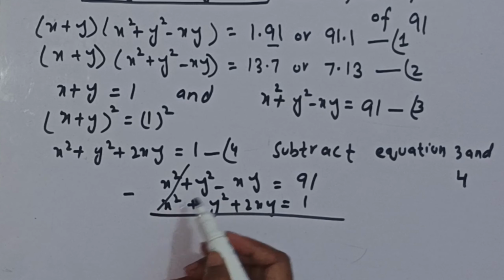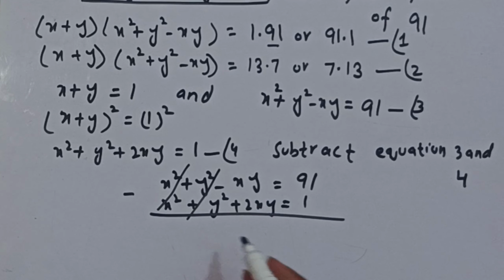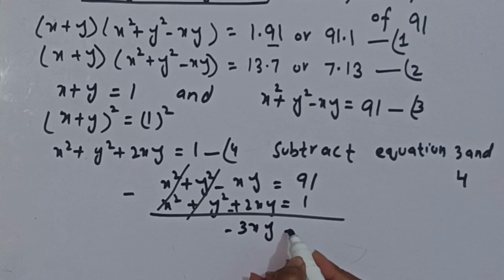We subtract these two equations, then the first term will cancel because we are going to subtract. So this will become minus 3 times product of xy. This is equal to 90.